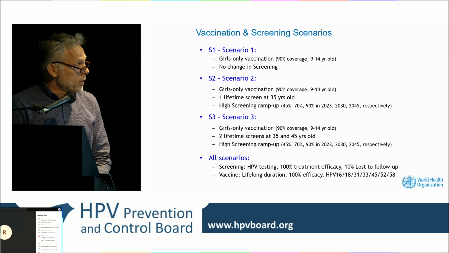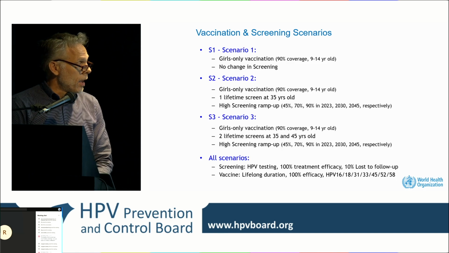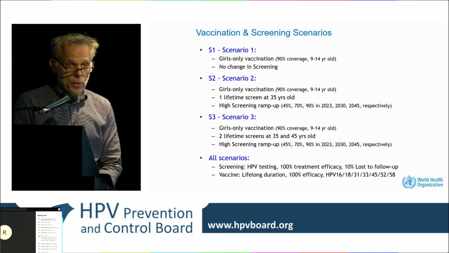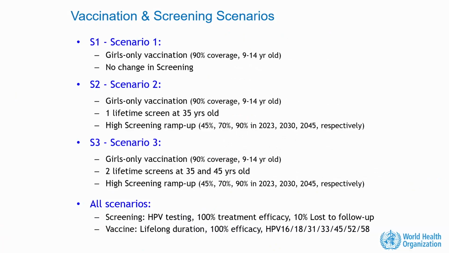So what you will see in the models coming is scenario 1, girls-only vaccination; scenario 2, adding a one-lifetime screen. We put it here at age 35, which is more for modeling purposes than clinically saying that's when it should take place. Please remember that. Scenario 3, adding a second screen 10 years later. Those were the main scenarios.